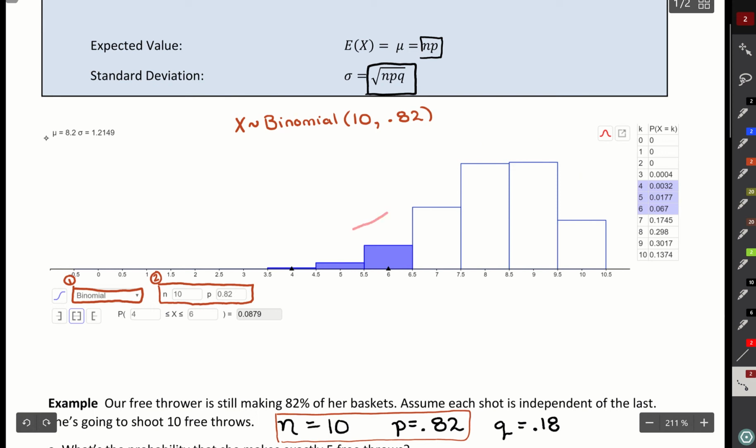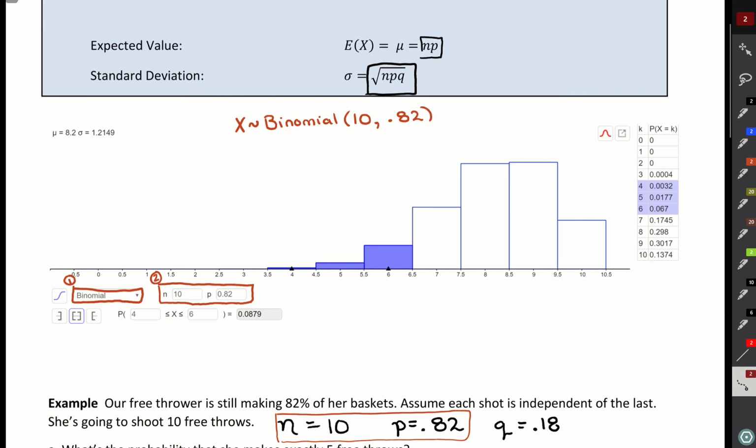Our probabilities decrease as we move to the left because she's so good at making 82% of the baskets. For her to miss all 10 is basically impossible, so that's why we don't even see a bar there. It's the idea of a 0% chance. Even at 1 and 2, there's very low probability of occurring because she's so good. We don't expect those to come through.